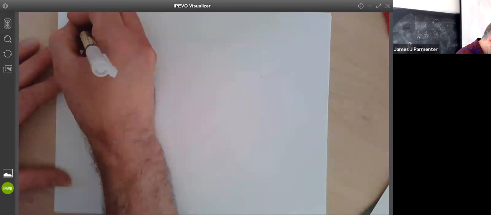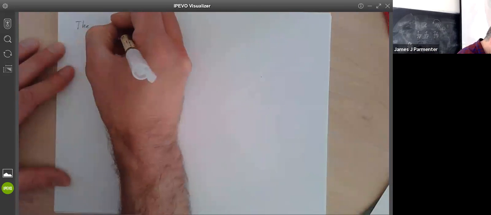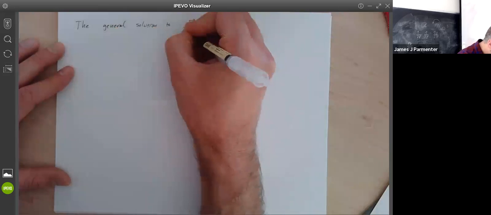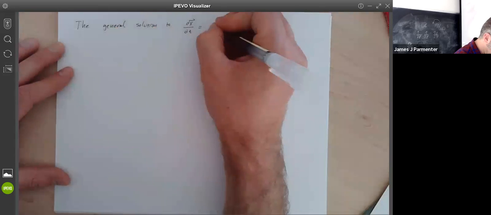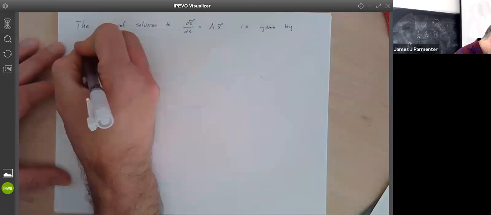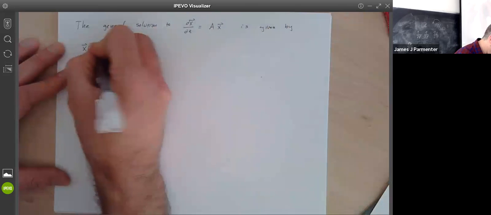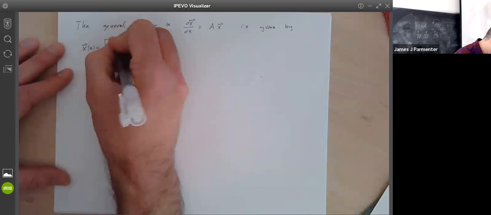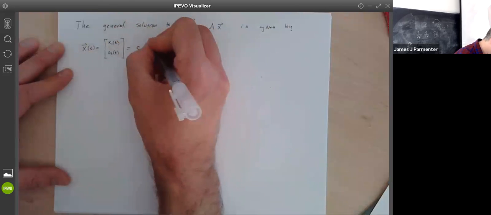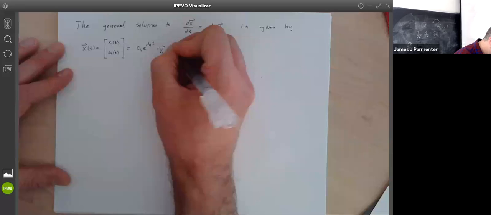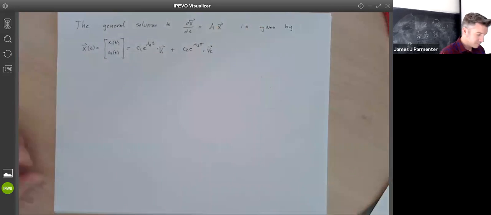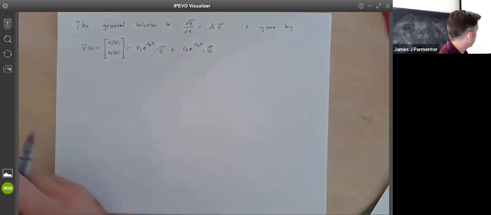Once again, the general solution to the equation, the derivative of x1 and x2 equal to the matrix A times x, is given by what we just talked about. x of t, or if you prefer, a vector x1 of t, x2 of t, is equal to c1 e^(lambda1 t) times the vector v1 plus c2 e^(lambda2 t) times the vector v2. We're going to reference this a few times when we talk about classifying solutions.